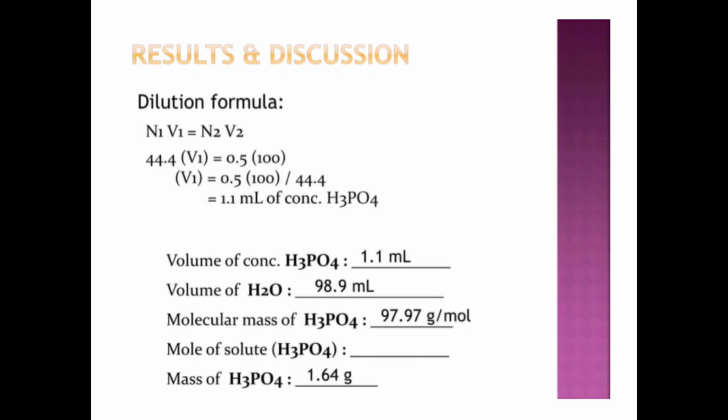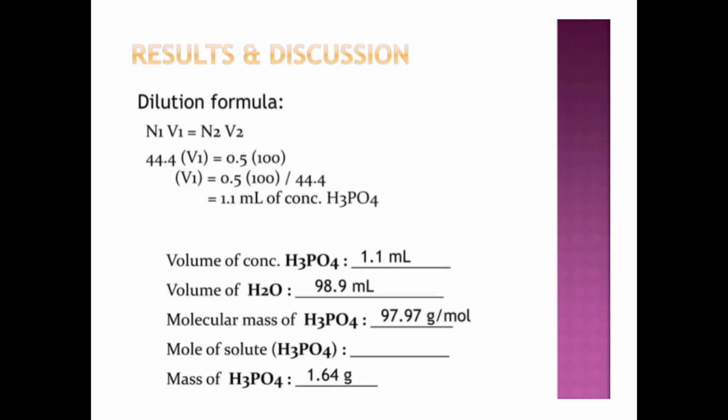We have said that your normality is equal to molarity times basicity. But in this case that we are using normality, you can still say N1V1 is equal to N2V2. But if it was in normality and you want to now use molarity, you still need to convert. You have to divide by the basicity to get the molarity.